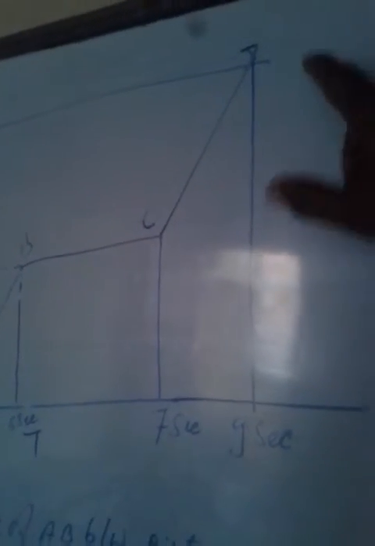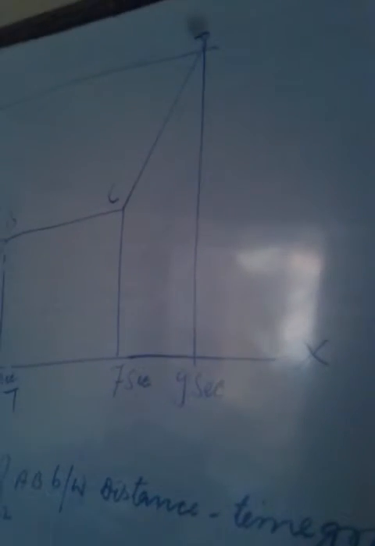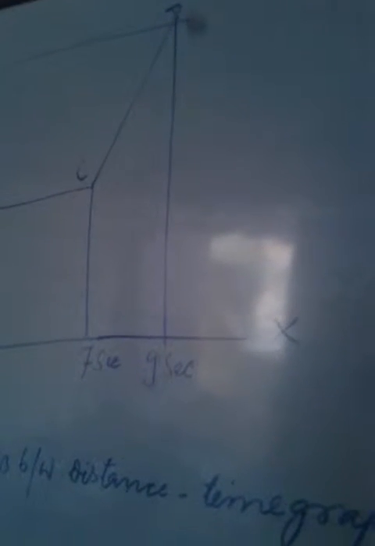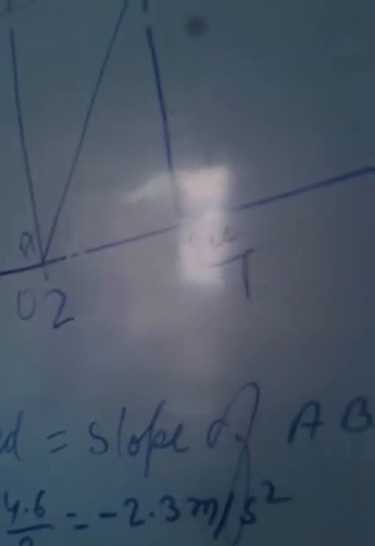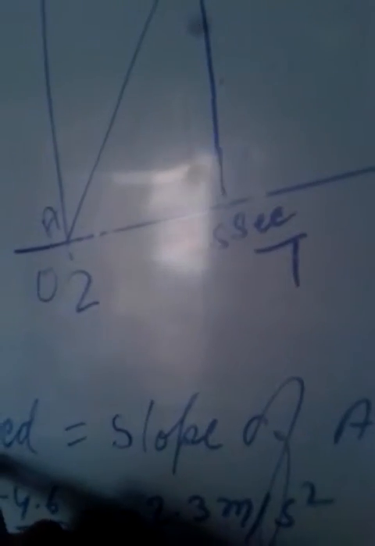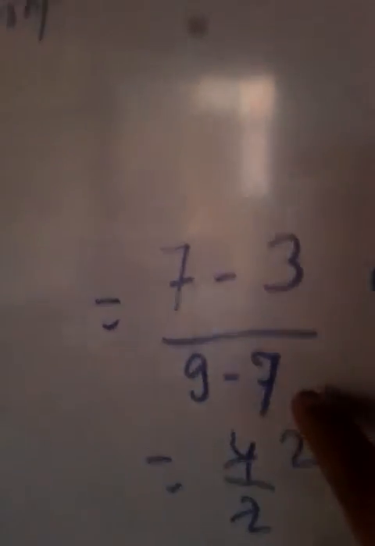Now from C to D, when the object moves from C to D, it moves with a uniform speed. What will be the uniform speed? You write speed is equal to, same as the speed of AB, but in place of AB you write CD in the distance time graph: 7 minus 3 upon 9 minus 7.